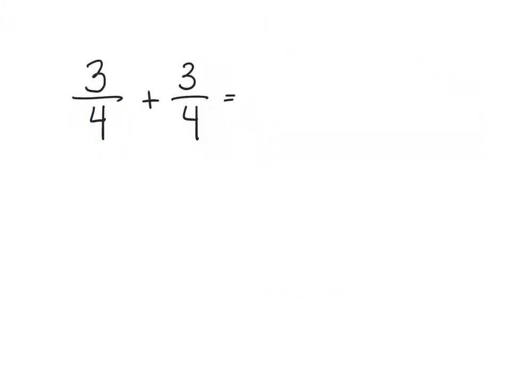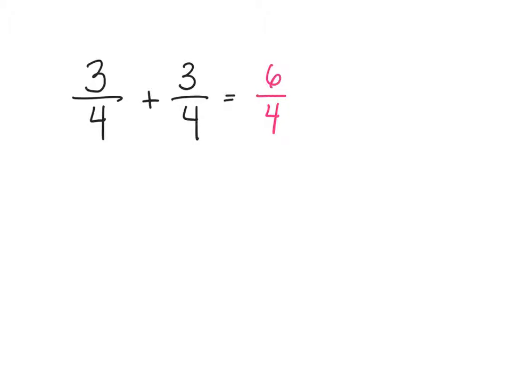Okay, next one, we're going to be using addition, but our answer has got to be a mixed number, so we might have to be decomposing using number bonds. So 3/4 plus 3/4 is 6/4. All right, so we're definitely going to have to decompose to get to a mixed number because our answer is an improper fraction, which is a fraction greater than 1.